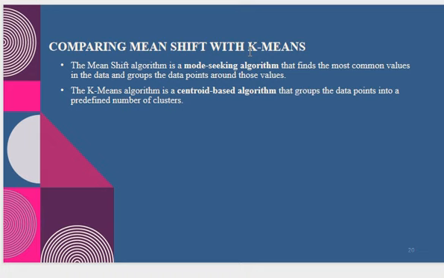But mean shift is a mode seeking algorithm, where the most common values in the data points are grouped around those data points. That means they are moved towards the highly concentrated dense region. That is why it is a mode seeking algorithm, and k-means is a centroid based algorithm where the data points revolve around the centroid.